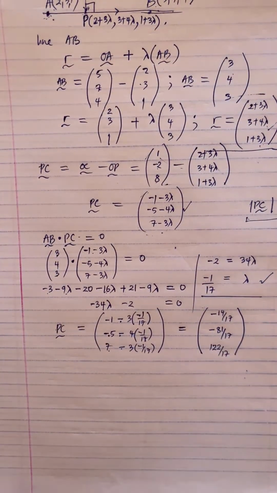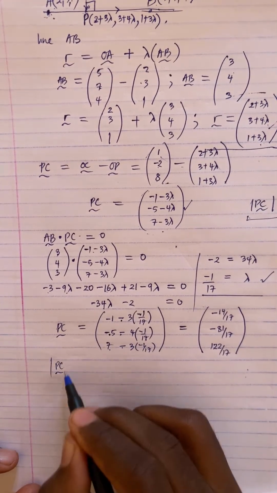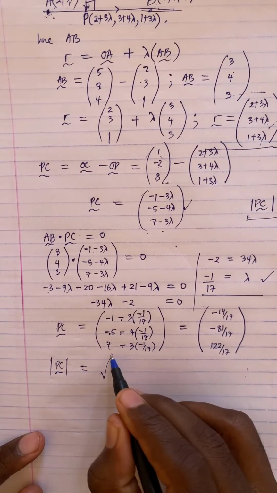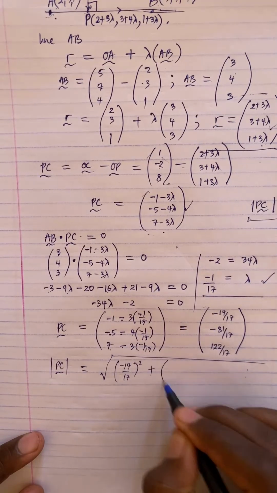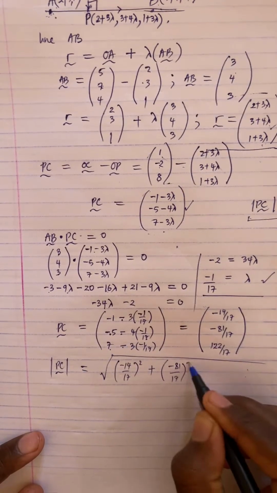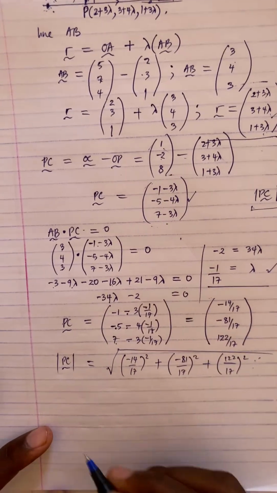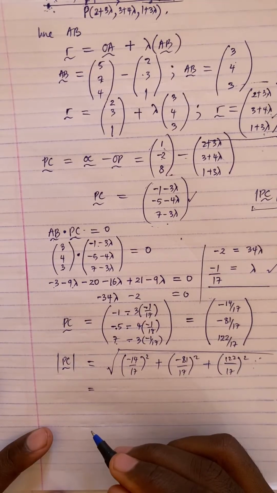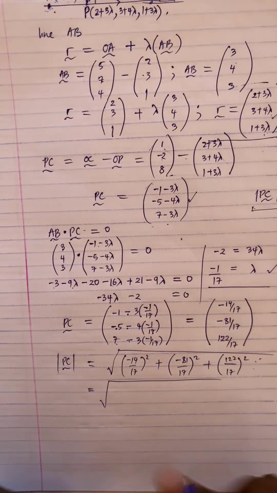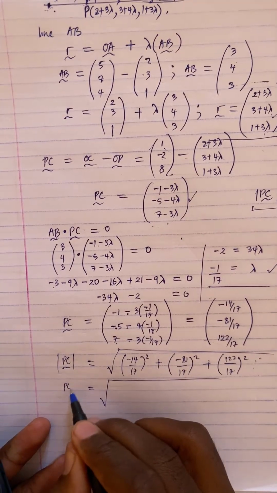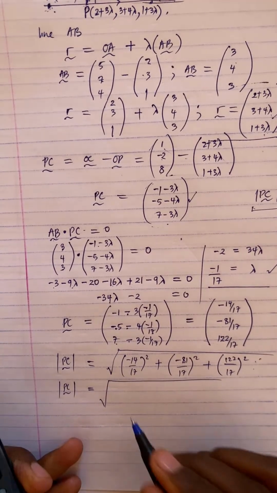So after simplifying to this level, I will now find the magnitude of PC. This will be the square root of (14/17) squared plus (81/17) squared plus (122/17) squared.